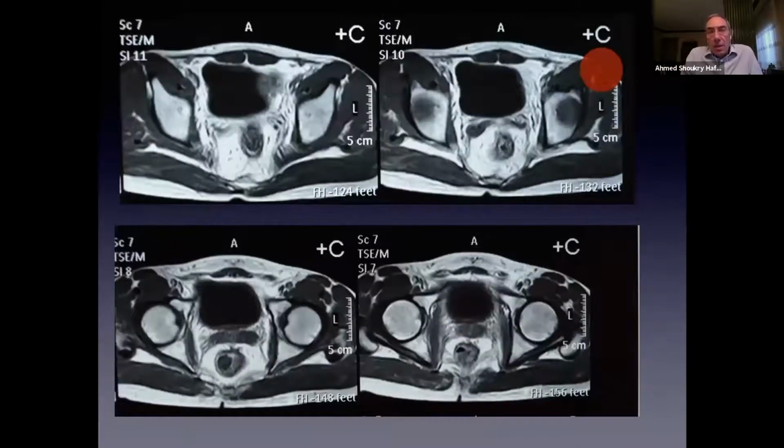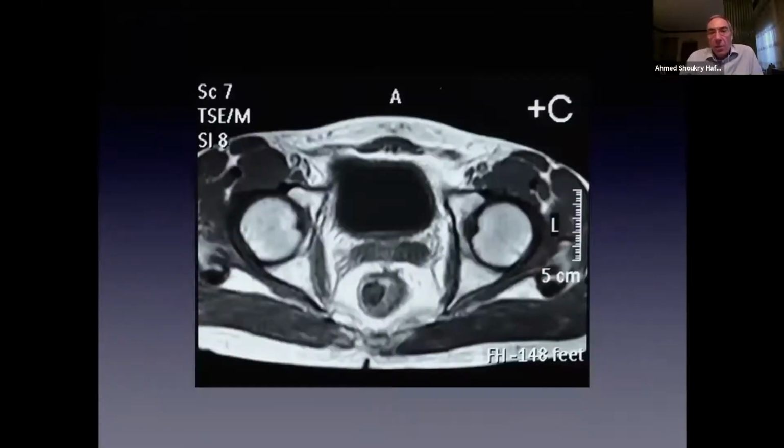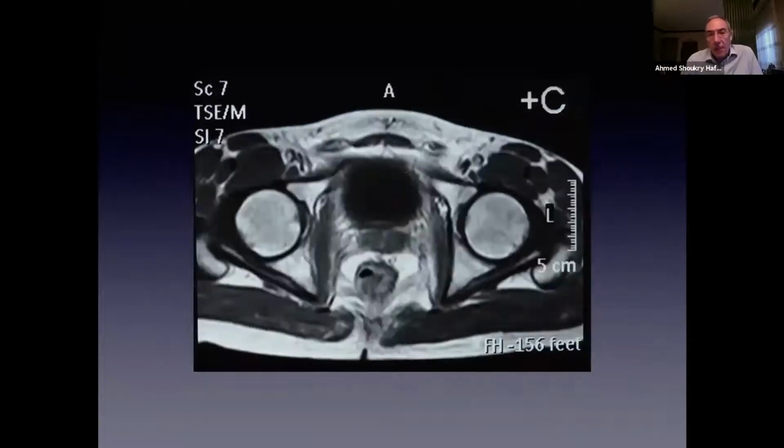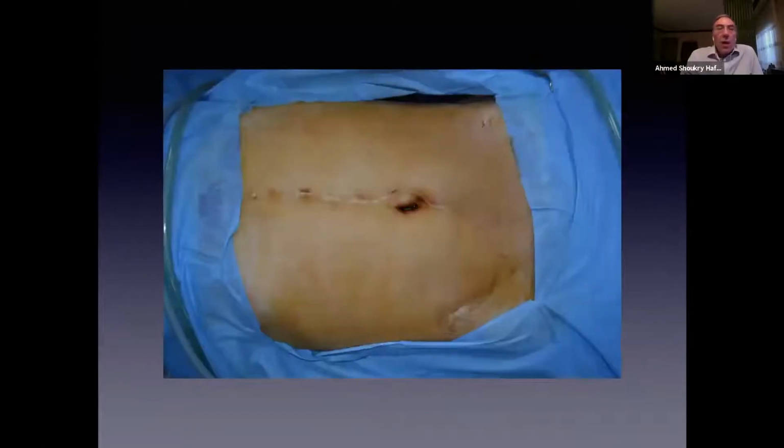Post neoadjuvant treatment, he had an MRI which showed a quite significant regression of the lesion compared to the preoperative size, but there were still a few small lymph nodes in the mesorectum, and a small lesion was still detected in the MRI. This whitish area of scarring in the anterior part was the residual tumor, and these are the small lymph nodes.